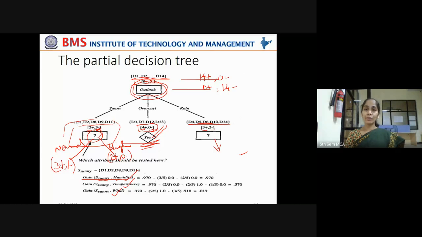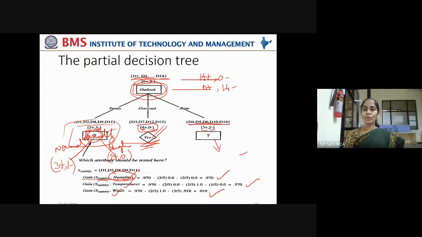It is able to do some pure classification. Better classification is being obtained by humidity. That is why by seeing the information gain here, 0.970, 0.570 and 0.019, where is the information gain more? With humidity. So that will be taken as the classifying attribute in this branch.